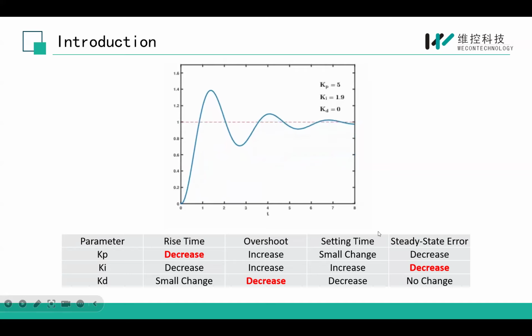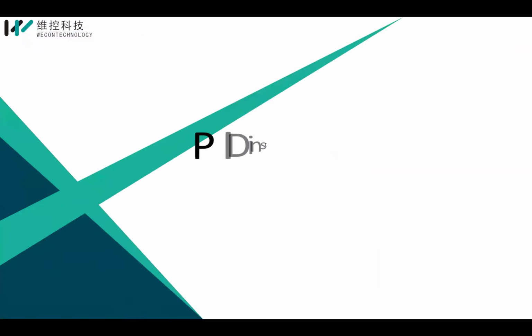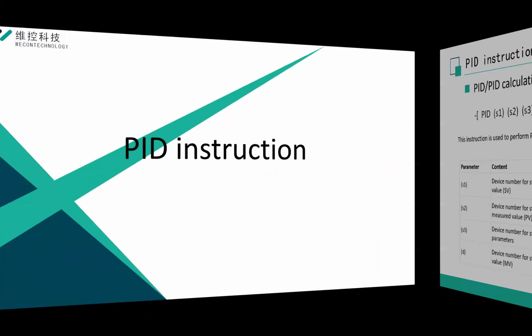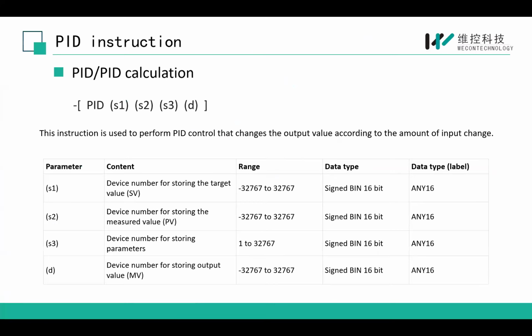Okay, let's continue to the PID instructions in our PLCs. For our LX3V and 5V PLC, the PID instructions have 4 parameters. The first parameter is for storing the target value, such as the pressure or temperature value.